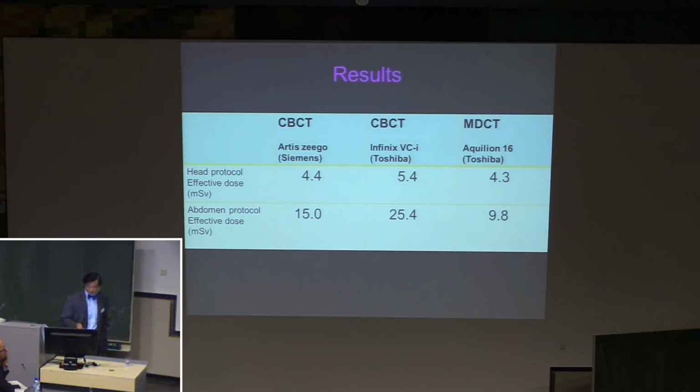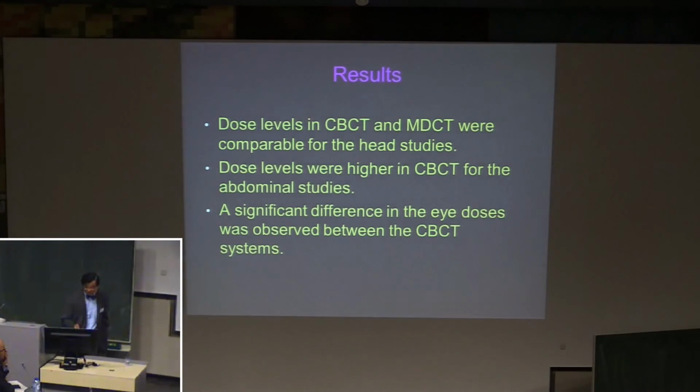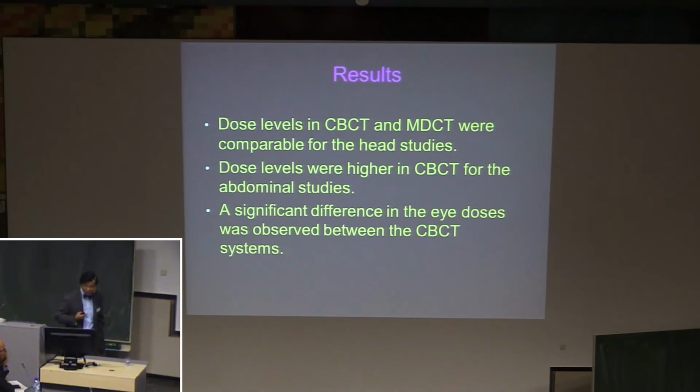In fact, we found that the dose levels for Conebeam CT and MDCT were quite comparable for the head protocols, but in the abdomen, the dose levels were higher on Conebeam CT. One could imagine that this is because the collimation for Conebeam CT is not as close as for MDCT.